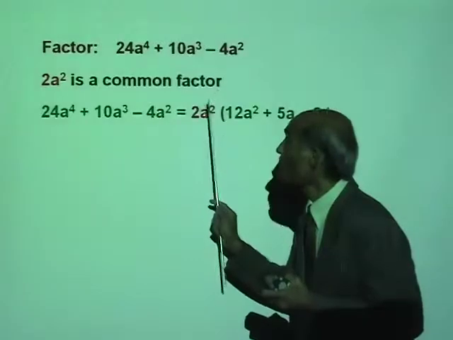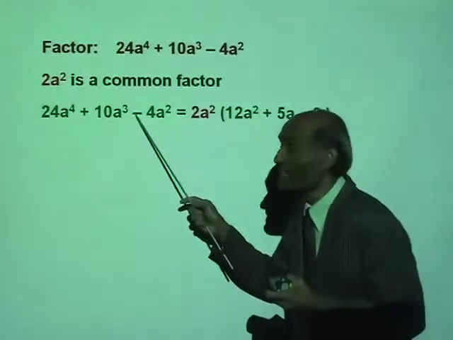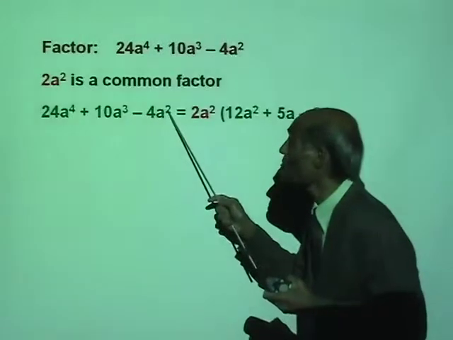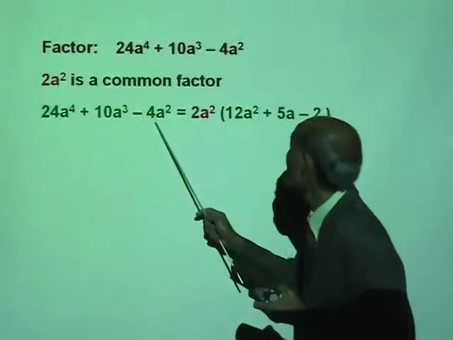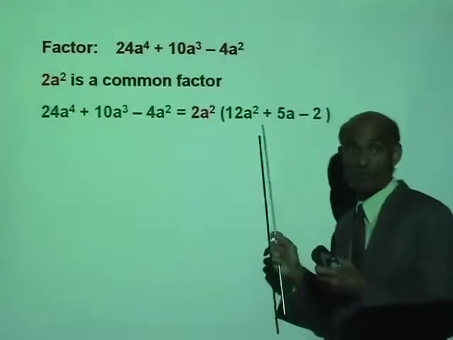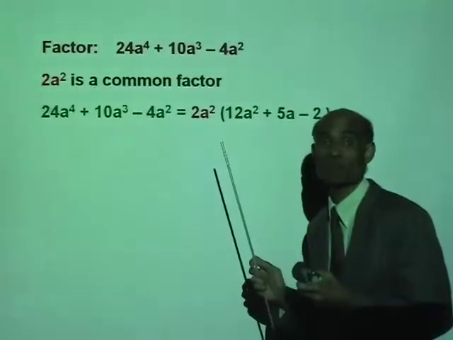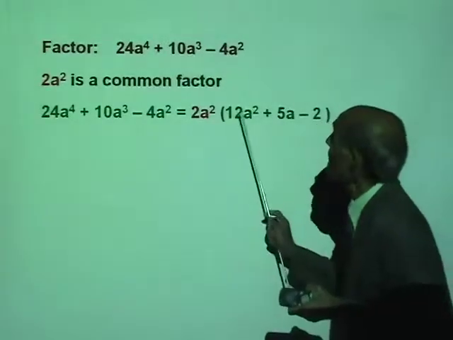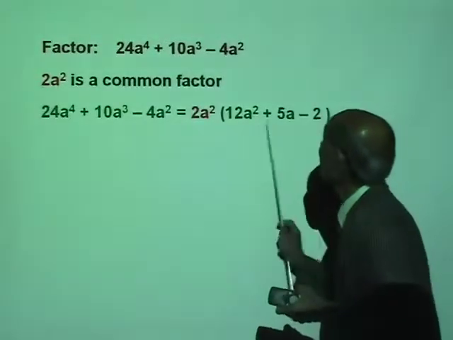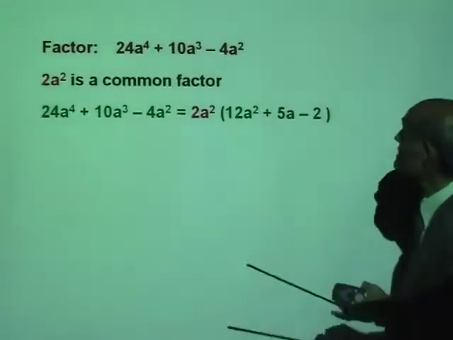And when 2a squared is pulled out of, what's the sign? Negative 4a squared, what remains is a negative 2. Okay, I hope you are now thorough with this method of pulling out the common factor. Alright, now we have a trinomial, and that can be easily factored.